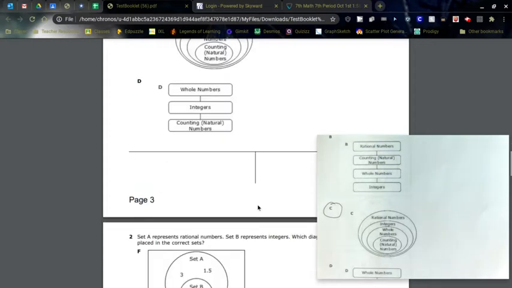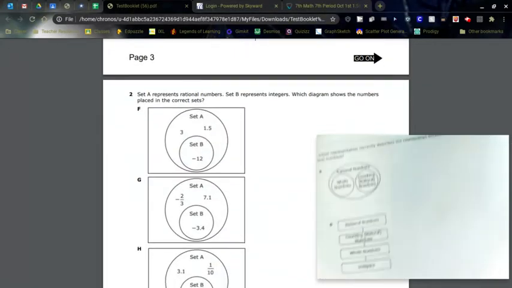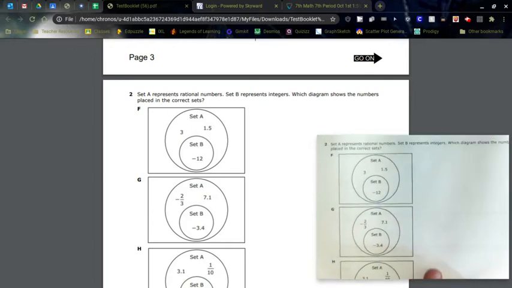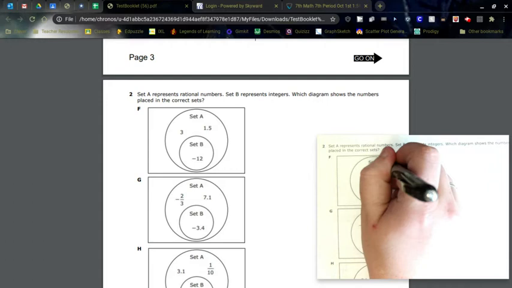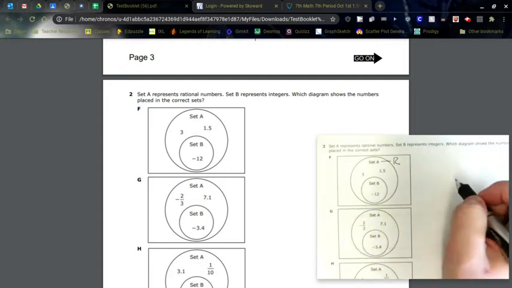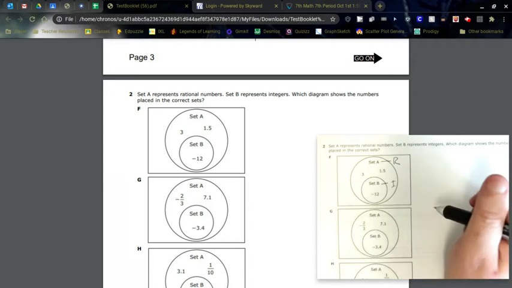Okay, so our next one, number 2. Set A represents rational numbers, so that's rational. And set B represents our integers, so that's our integers. Which diagram shows the numbers placed in the correct sets?